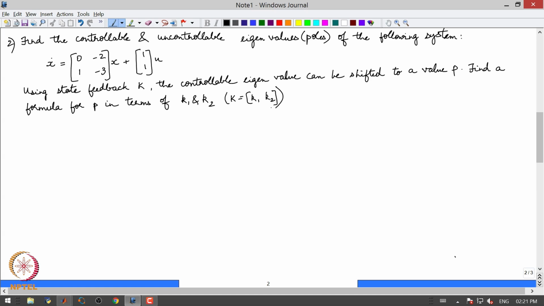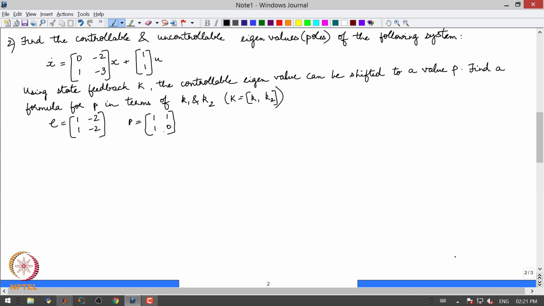I will find out the controllability matrix. You can just verify, it will be minus 1 1 and minus 2 minus 2. So, its rank is 1. So, I will take a model matrix P, it consists of the first column from here and another column which is linearly independent to the first one, it could be 1 0.